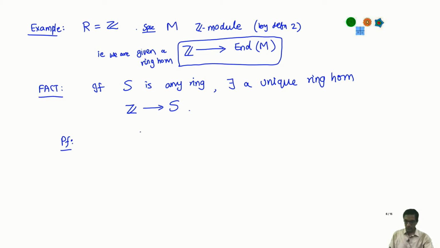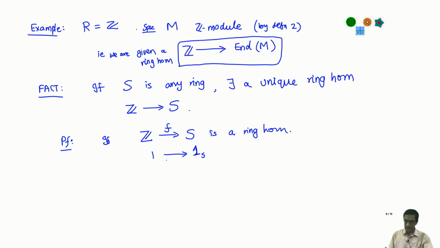Well, suppose I have a ring homomorphism F from Z. Observe that it has to satisfy many important properties. In particular, by definition, the ring homomorphism sends identity to identity. Let me call the multiplicative identity of S as 1 sub S. So the integer 1 has to map to 1 sub S. That's one of the properties that a homomorphism should satisfy.